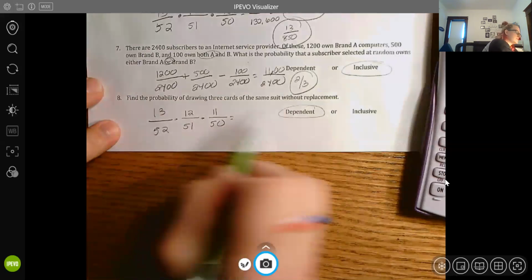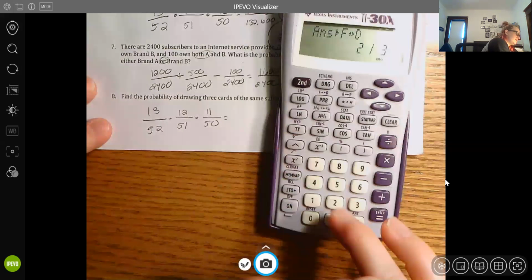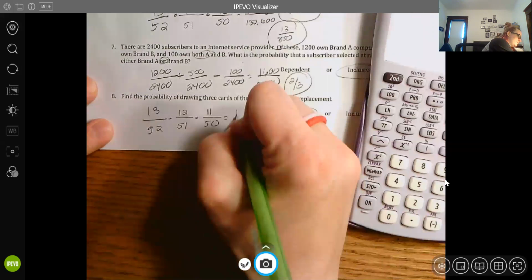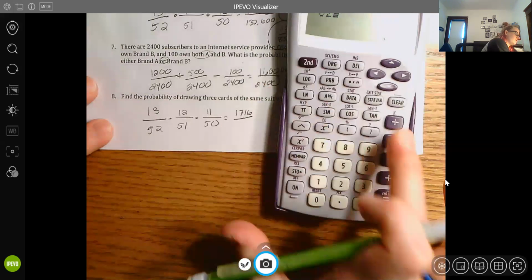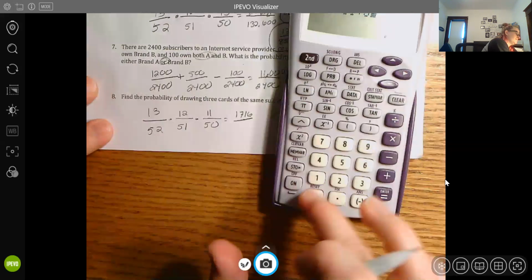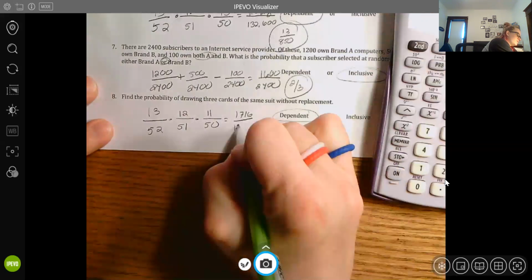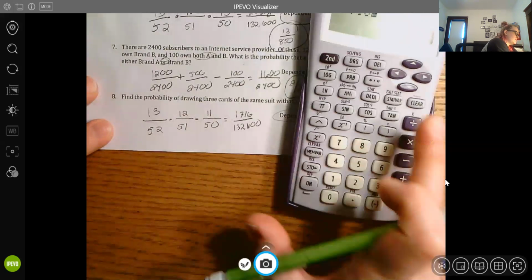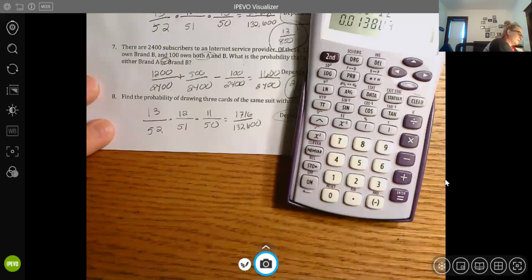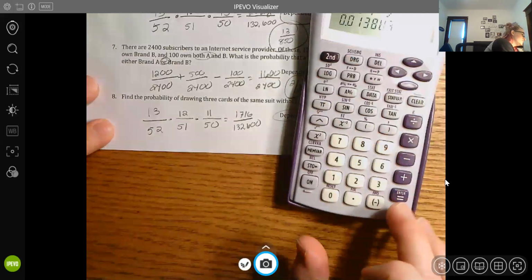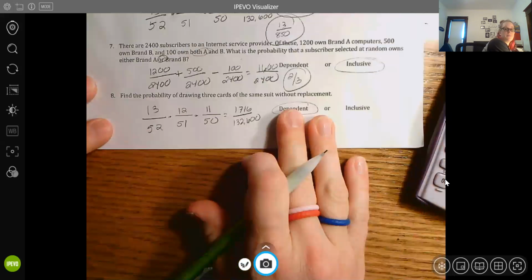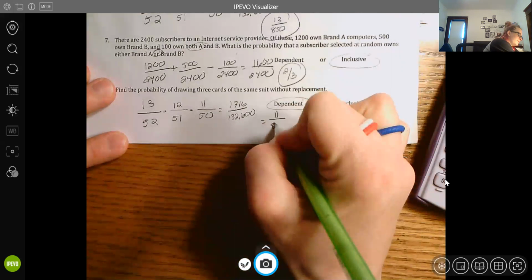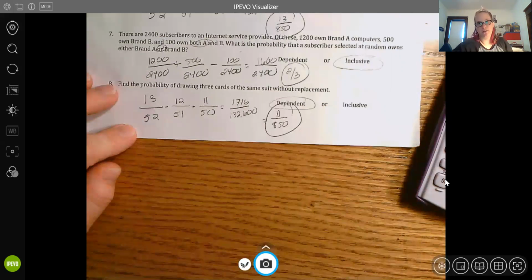So multiply your top numbers: 13 times 12 times 11, and 52 times 51 times 50, that's 132,600. We're going to divide those, and I get 11 over 850.